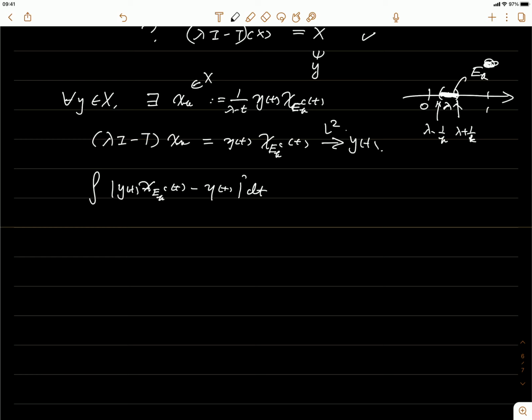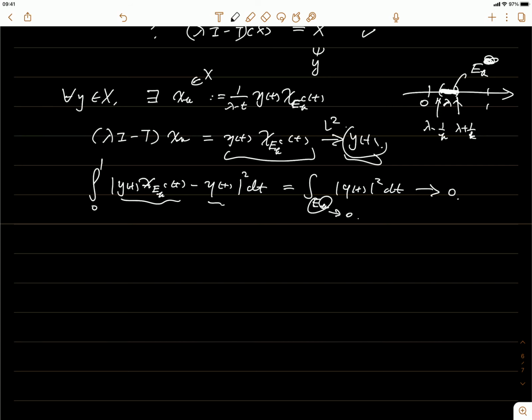Just need to take the integral, square this and take the integral from 0 to 1. And you know that when it is inside the ek complement, these two are the same. So this is gone, and this is only equal to the integral over ek, because over the ek this one is 0 and I only have this one left, so yt square dt. But this converges to 0, since this ek has a measure going to 0. And that means this actually converges to that in the L2 sense.